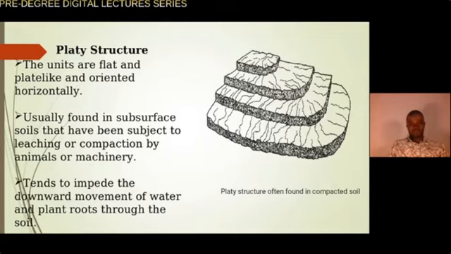This kind of soil tends to impede the downward movement of water, and of course if that happens, plant roots through the soil will also be impeded. The structure on your right shows a typical platy structure of a soil.